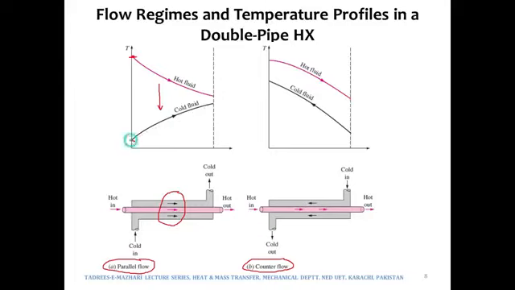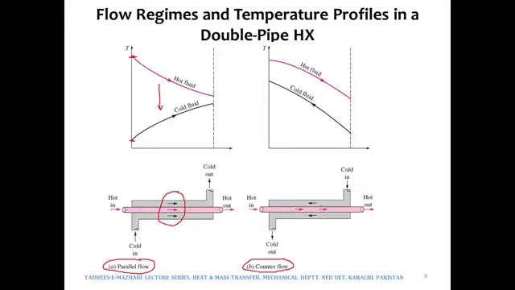So the temperature of the cold fluid increases from T_C,in to some outlet temperature which we may call T_C,out. Of course, the temperature of the hot fluid going out cannot become lower than the temperature of the cold fluid going out of the heat exchanger.